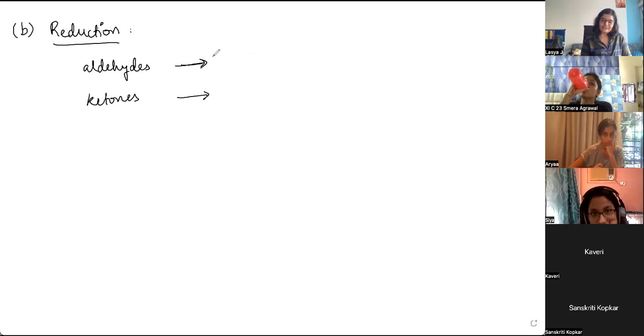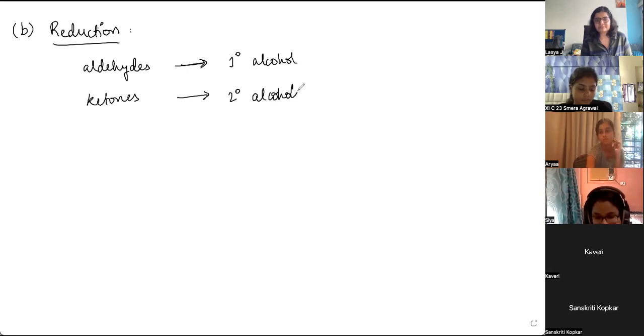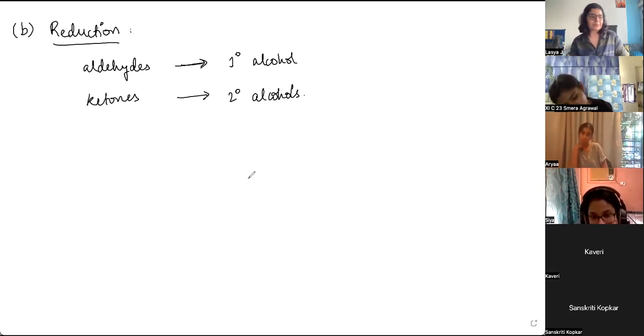What sort of alcohol? Primary. Yeah, primary alcohols with aldehydes. And ketones, say what sort of alcohols? Secondary alcohols.